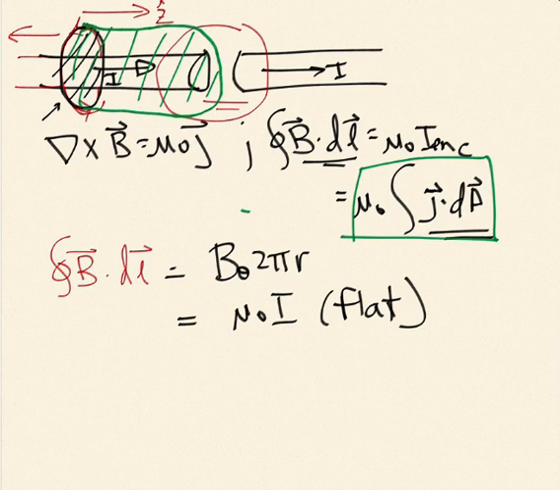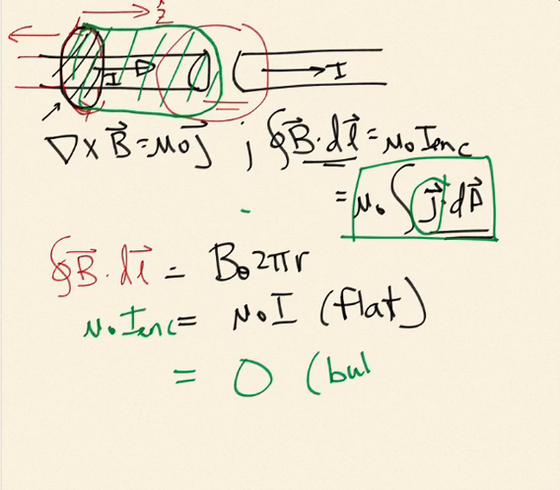There's no surface current, no current density passing through that surface. Okay, so in this case, I would have 0. So let me do it this way. Mu naught I enclosed is that. Here it's 0 for my bubble surface.